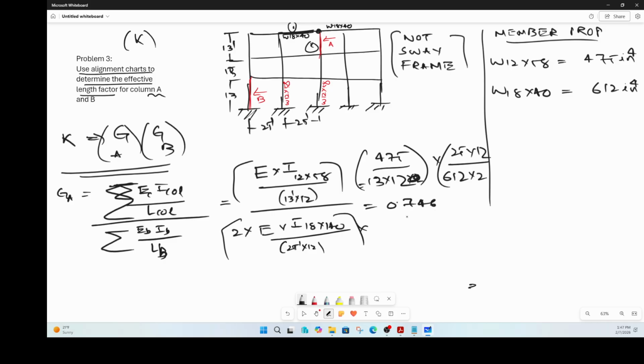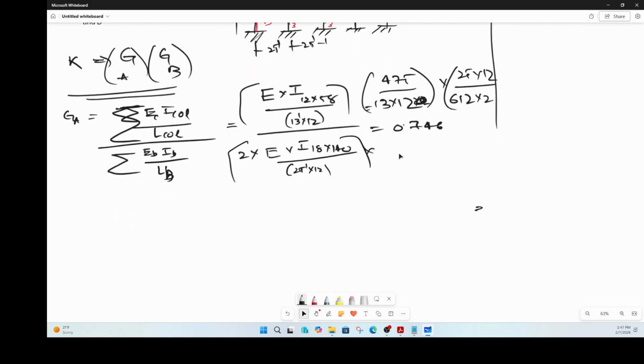Okay, the same thing, we repeat the same process, but now we calculate your GB factor, which is at the bottom of the column there. So at the bottom column you have two beams, and these are W sections. You will have to find the moment of inertia of the W section, 12 by 58, divided by the length of that column.